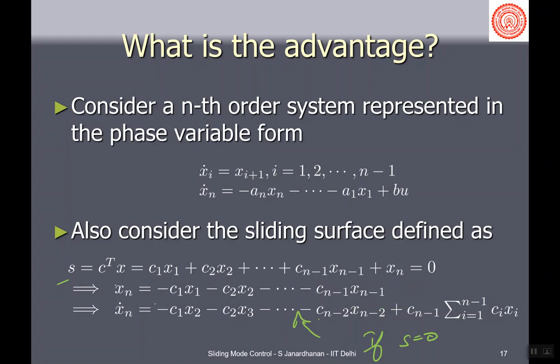If s is equal to 0, then xn would be this one, and xn dot will be this one. But what is so great about that? Let's look at that.